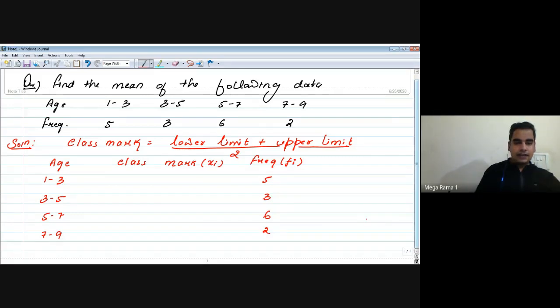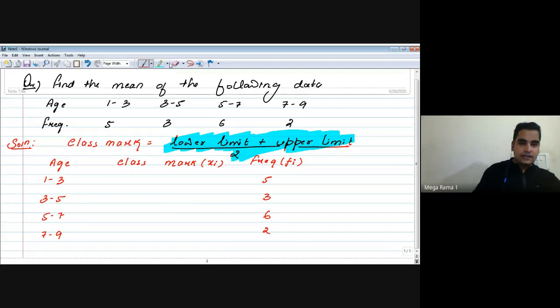Now you can see the formula I have written for class mark. You have to find out the mean, nothing else. Average, mean, arithmetic mean that we were discussing today. The formula for class mark is lower limit plus upper limit divided by 2.